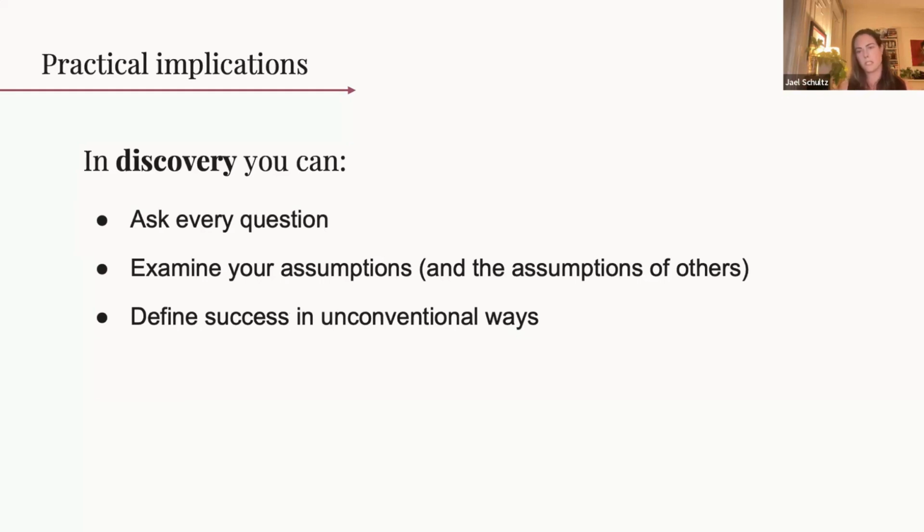So if we don't have to stick to the formulas that we're used to, we can ask stupid questions that get to the heart of what matters. We might be able to explore different parameters for what success might mean. These are some of the things that we could think about as we're going through that sort of discovery or initial phase of a project.